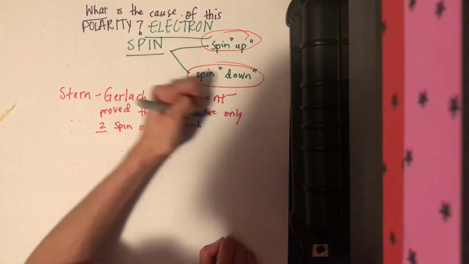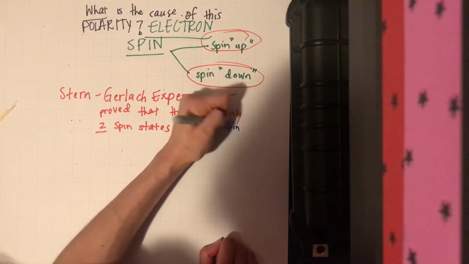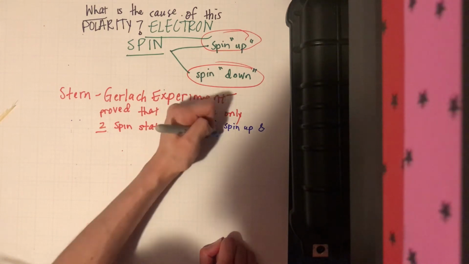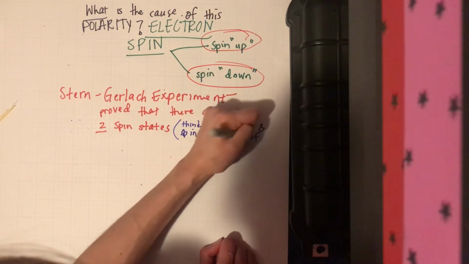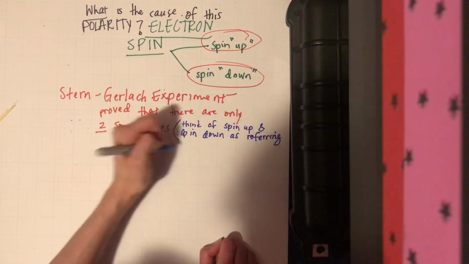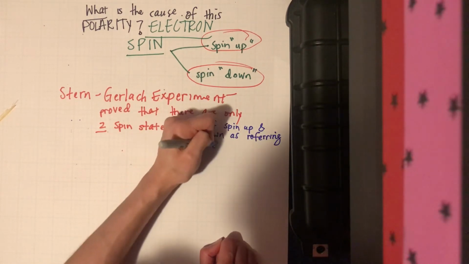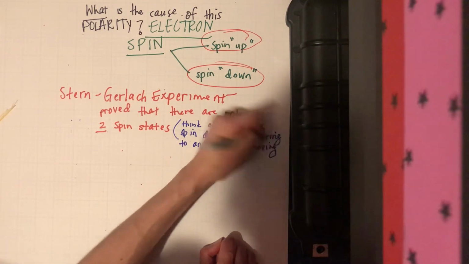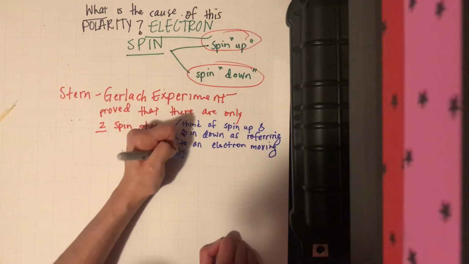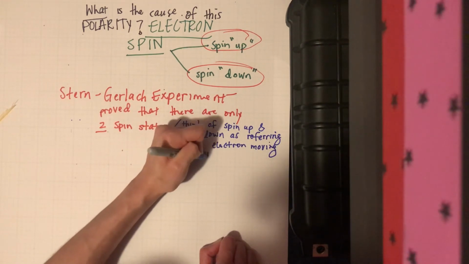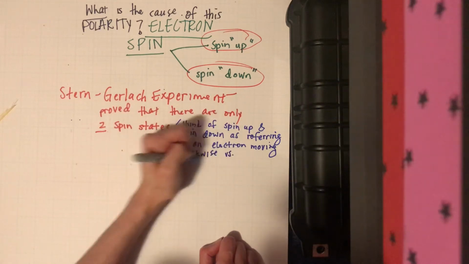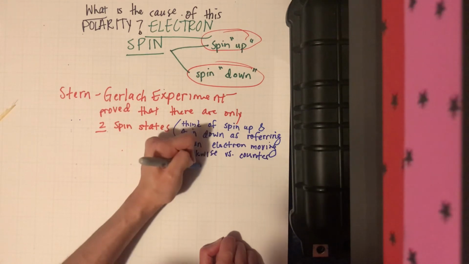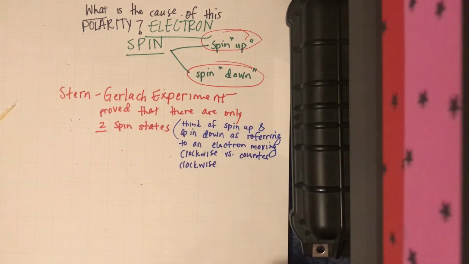So think of spin up and spin down as referring to an electron moving clockwise versus counterclockwise.